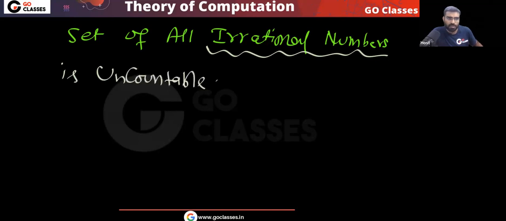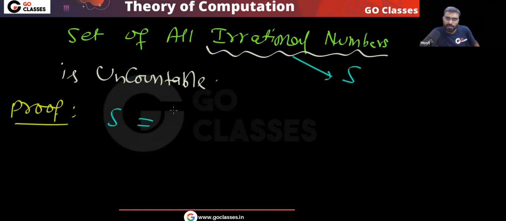How to prove it? What is the proof? The proof is simple. What is the set of irrational numbers? Let's call it S. What is S? That is R minus Q. Uncountable minus countable.